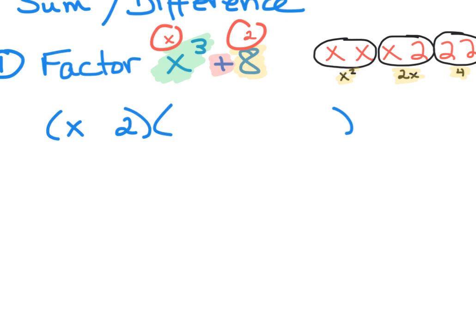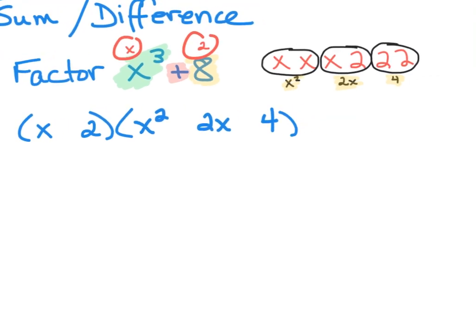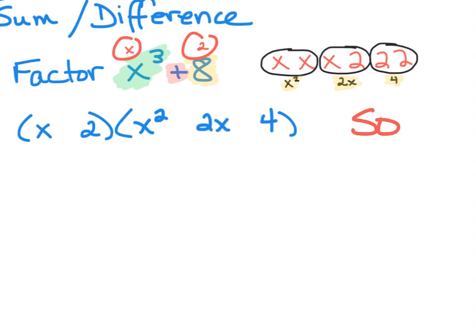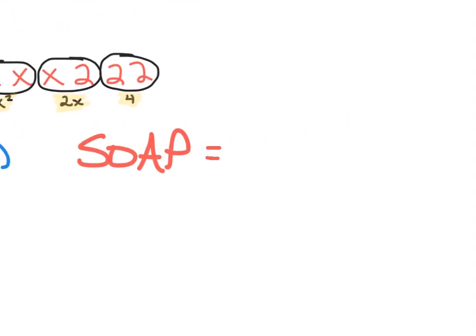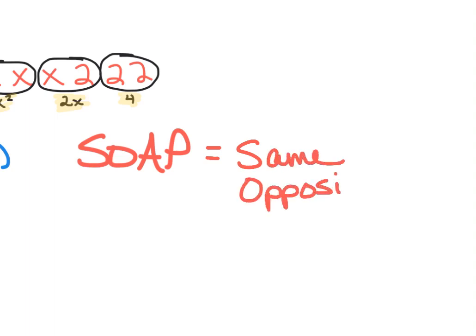So now I have x squared, 2x, and 4. Then I'm going to use the acronym SOAP. SOAP stands for same, opposite, and always positive.